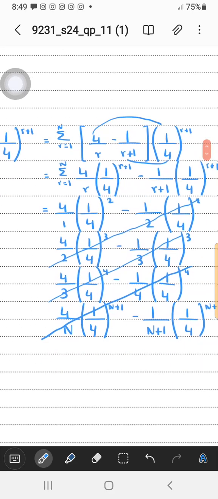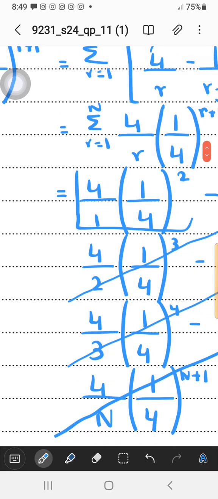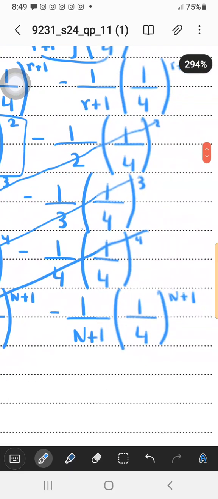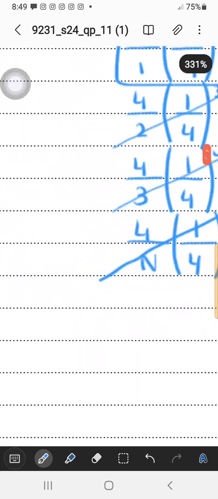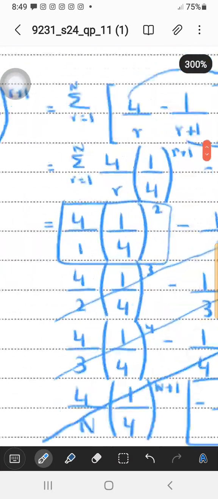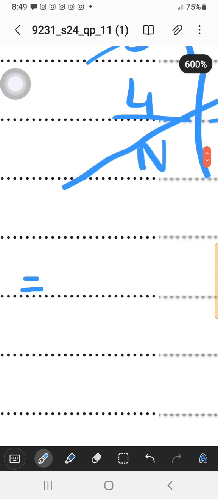Okay. So the remaining terms are this. This is a remaining term. And this is a remaining term. Okay. Now I will write is equal to. If we do this from calculator, it is equal to 1 upon 4.